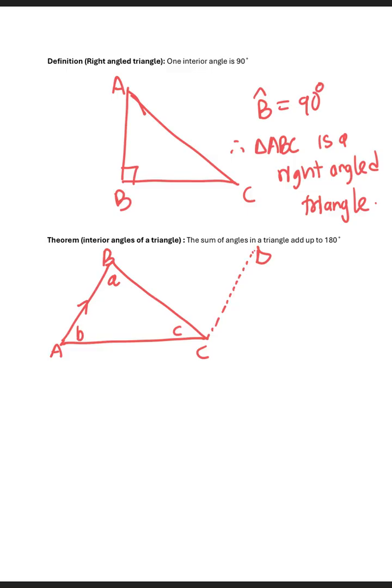After constructing CD, we construct CD such that CD is parallel to AB. So then we have this situation here, right?